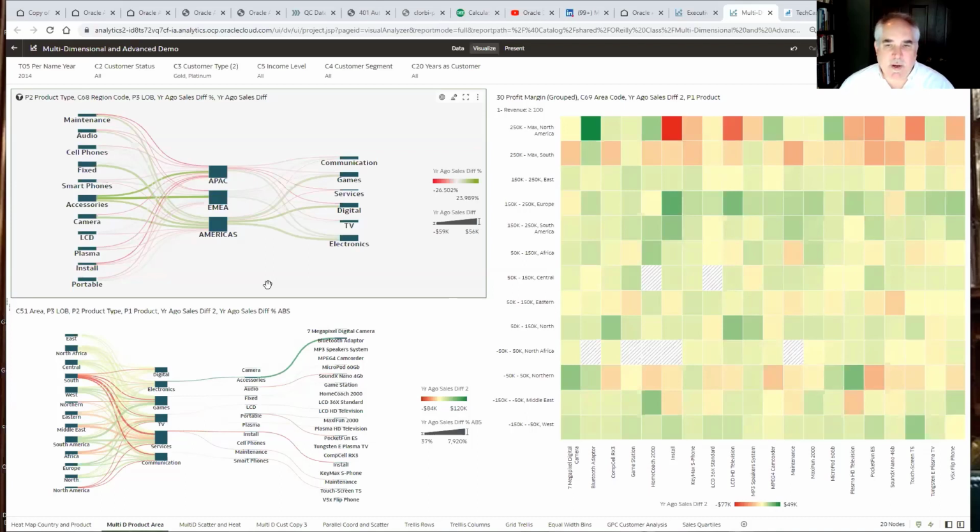So we'll break the world down into the three areas of the APAC or the Asia Pacific, EMEA, and Americas. And then we'll look at the flow and the relative, again, graphing the difference in percentage is much, much easier to show what's up and what's down than graphing discrete numbers and asking people to interpret it.